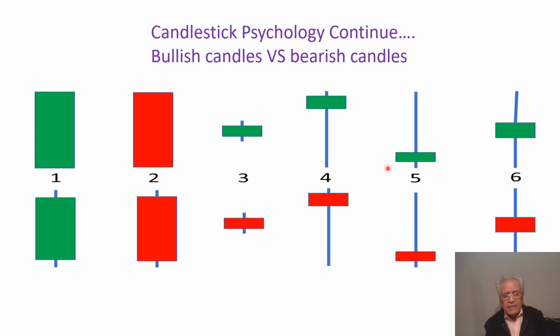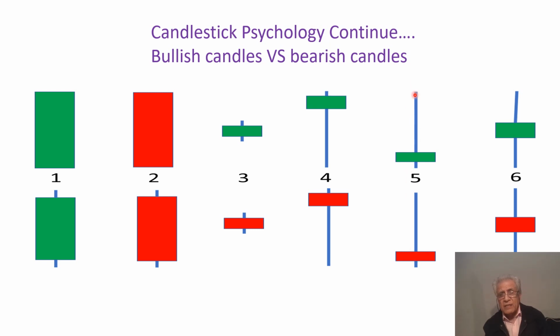That indicates that the bulls had a strong power at the beginning and pushed the price up. The buyers push the price up, but at the end the sellers push the price back and it closes about the open price. This is the open price here. It just closes here, about the open price.